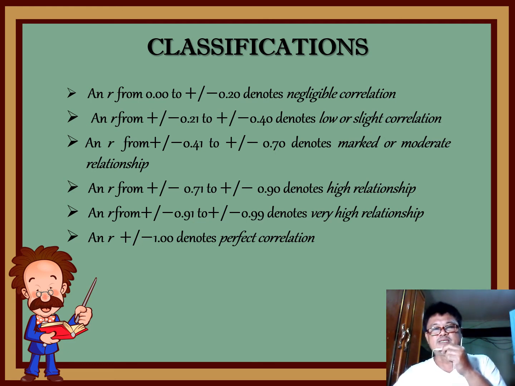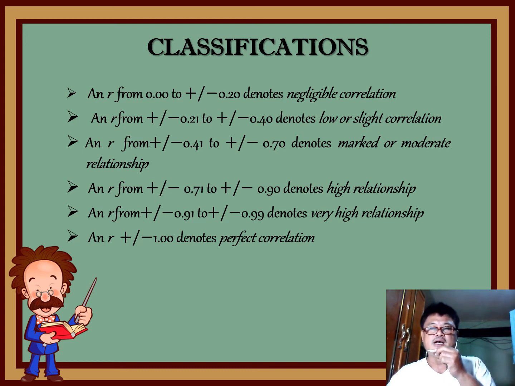So our result from the previous computation belongs to 0.71 to 0.90. That's why it is a high relationship, or it has high reliability.